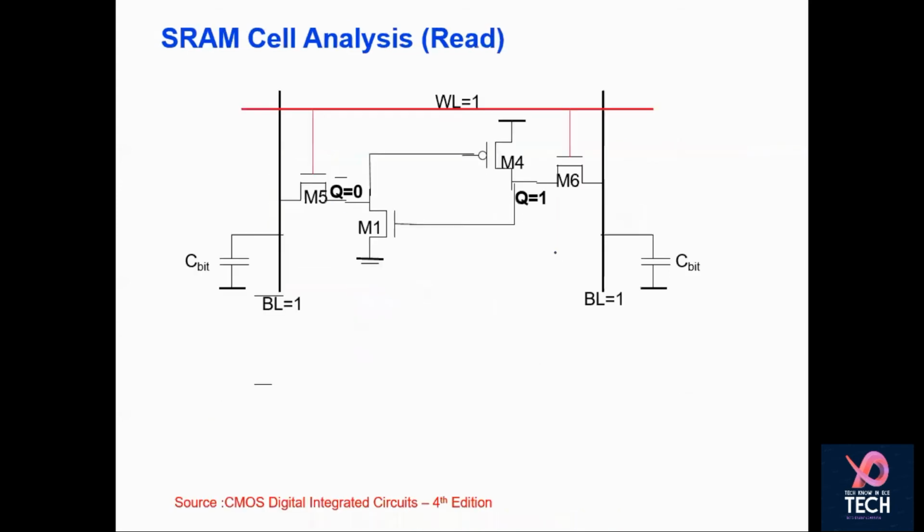So how the read operation is actually performed is what we will discuss now. When you want to read, we assume that Q bar is 0 and Q is equal to 1.